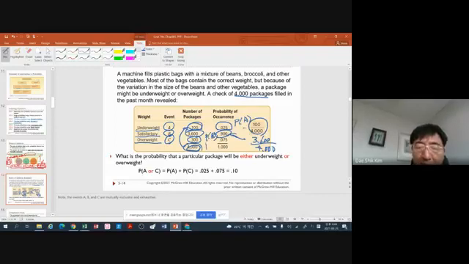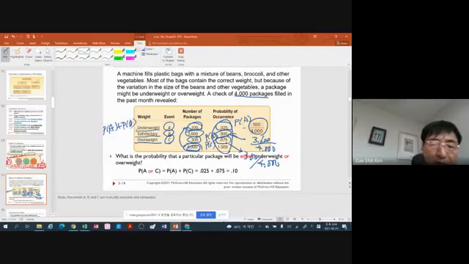For overweight, P(C) is calculated as 300 divided by 4,000. When you add up, the total is 1.0. The summation P(A) plus P(B) plus P(C) is 1.0 if A, B, C are mutually exclusive.